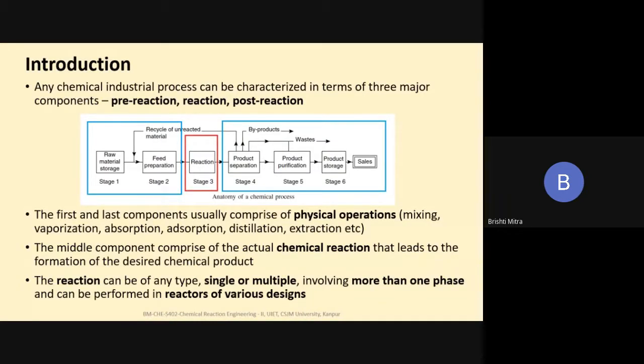Okay, so now let us look at any chemical process and try to understand what are the steps involved in that. As a chemical engineer, since you're in the 4th year, I'm sure all of you are aware that the primary job of a chemical engineer is to design, develop, and finally operate an industrial process whereby we can convert the raw materials into commercially useful products.